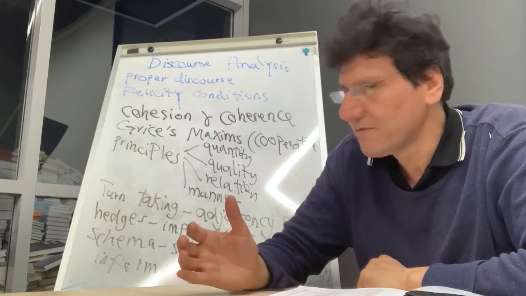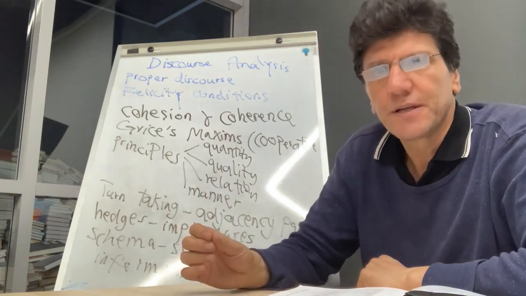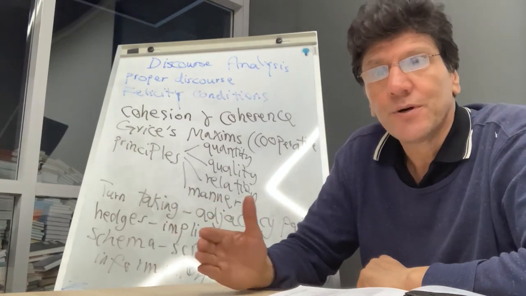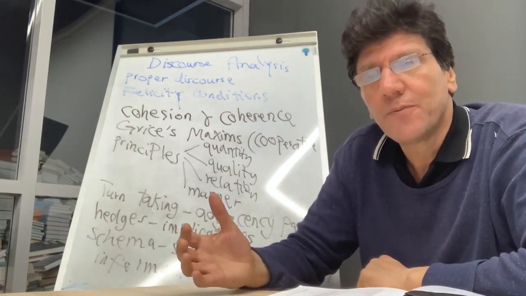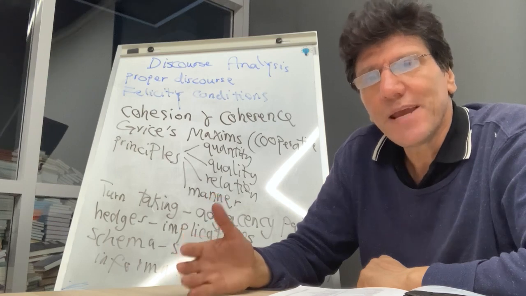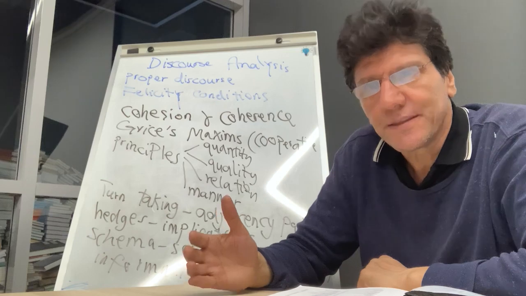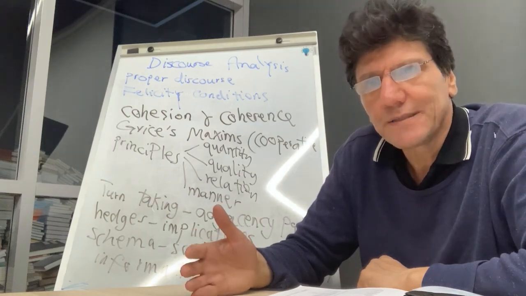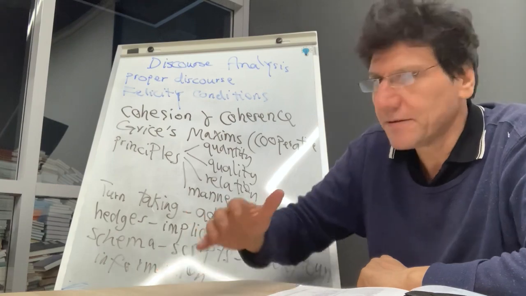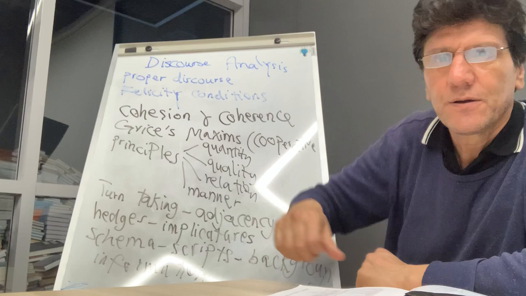So, one of the conditions of proper communication is felicity conditions. Another question that could be posed now is, what do we mean by felicity conditions? Felicity conditions are conditions of appropriate discourse, and it encapsulates all these elements. All right?